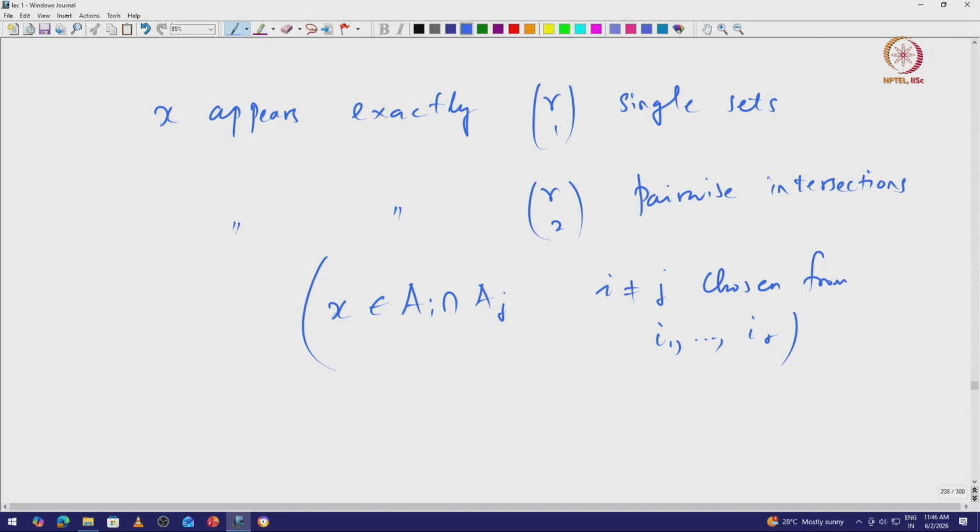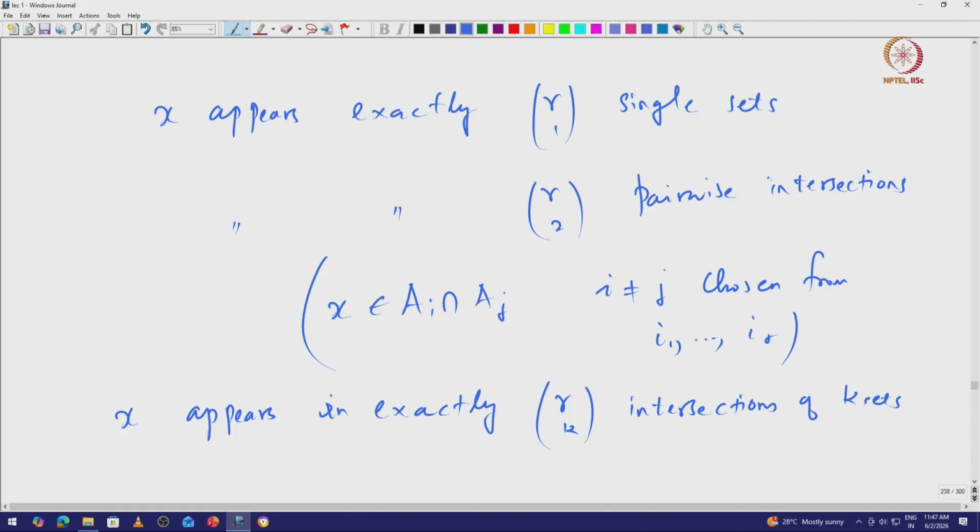For general k less than or equal to R, we can say that x appears in exactly R choose k number of intersections of k sets.